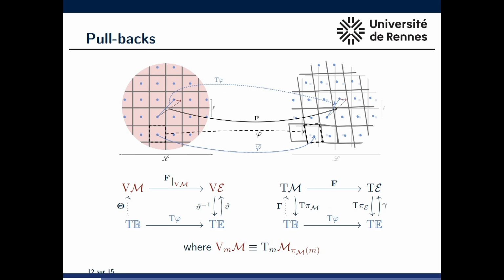We use the first order macroscopic transformation to superimpose it on E. Then we do our stuff in E. And then we use F to superimpose it back onto the material total tangent space. Okay, this is the usual pullback operation. So we get gamma, the big gamma and the big theta, which are on the material space.